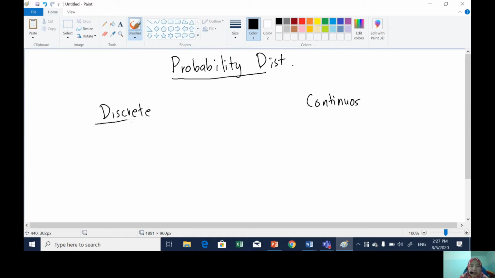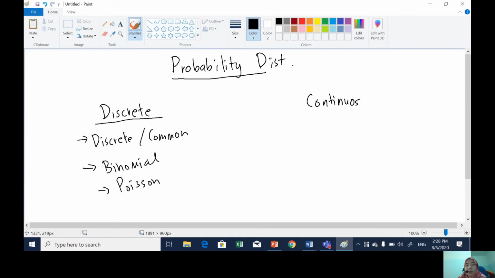Sometimes we call discrete "common". There are several types of discrete probability distribution. First is the discrete or common probability distribution, then we have the binomial probability distribution, and Poisson. These are the three basic discrete probability distributions.